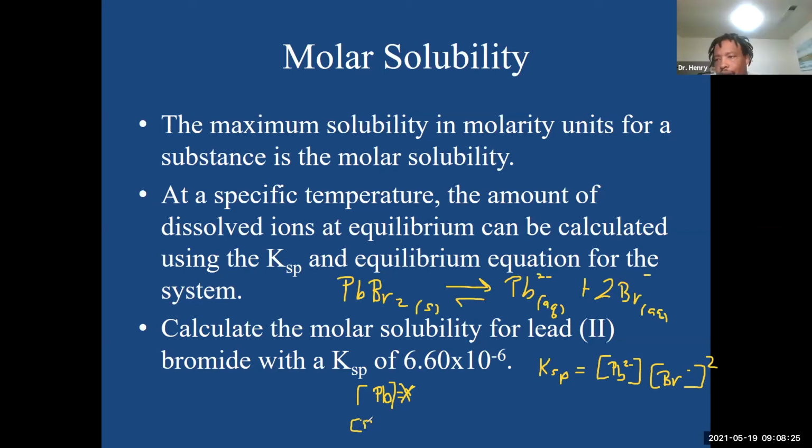So Br would be 2X. Okay, so then we plug that into here, we get Ksp equals X times 2X squared.